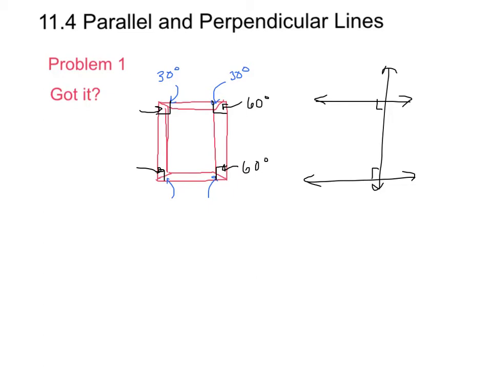Well, because of theorem 14, which says that if you have two lines that are perpendicular to the same line, then these two lines are parallel. So if this line right here is perpendicular to T, and this line is perpendicular to T, then we know that these two lines are parallel.